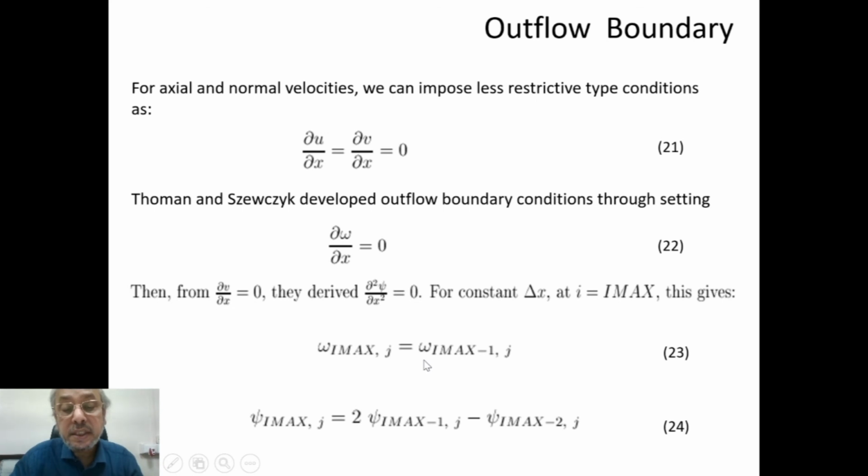So that is decided, and for psi we apply the second order derivative, del 2 psi del x2 equal to 0, one-sided central difference. We are located at I max and involving I max minus 1 and I max minus 2, both points from the interior domain, and generate this value.